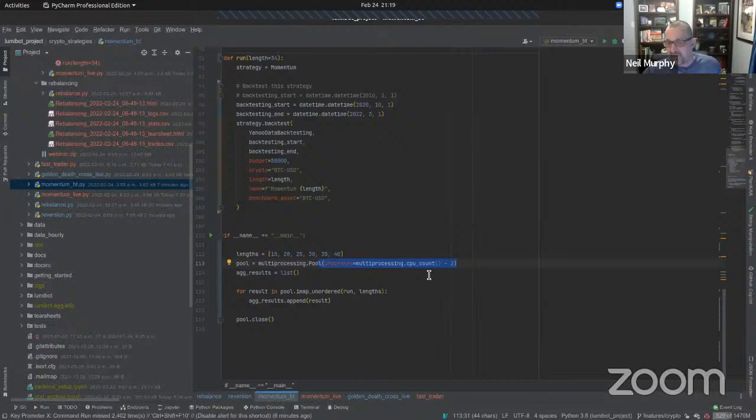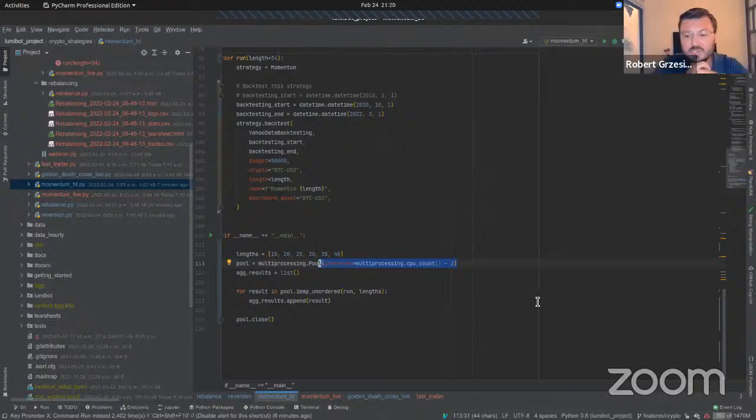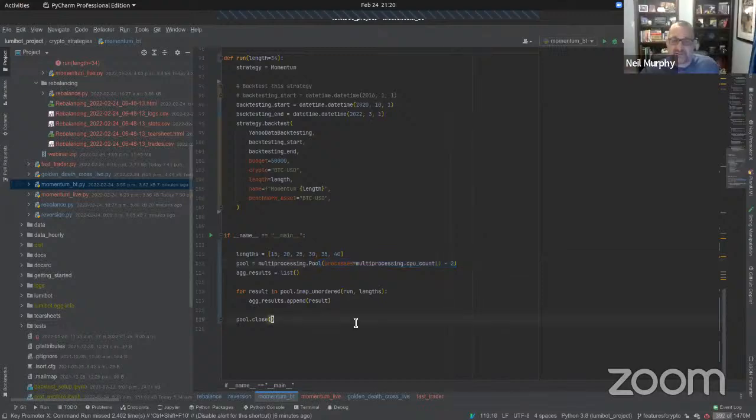I like to take 2 off just to leave a little bit more power to run my computer. How many did you say you have? 16-thread AMD Ryzen 7. Yeah, I don't think it'll be a problem. Also, I would mention that doing the multiprocessing is, while it's cool, not the most common thing that we spend our time on.